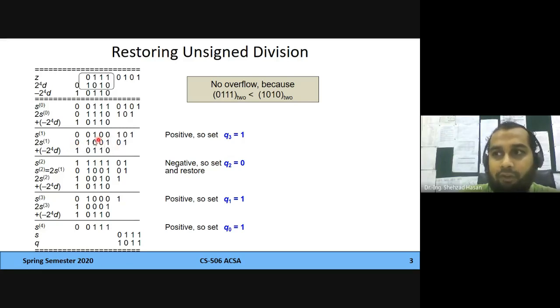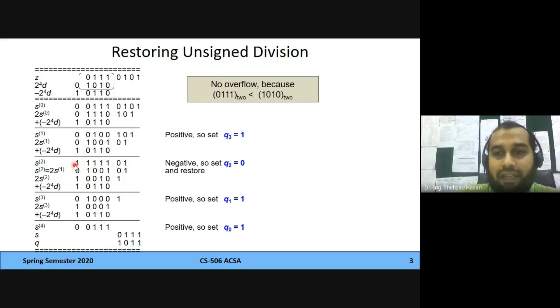These 4 bits are 9, and what you are subtracting is 10. So you were adding minus 10 to it, but what you are subtracting is 10. So 9 minus 10 is always going to be a negative number. 9 minus 10 is going to be minus 1, and this is what we get also, minus 1 on this side here. So this is going to give us a negative answer.